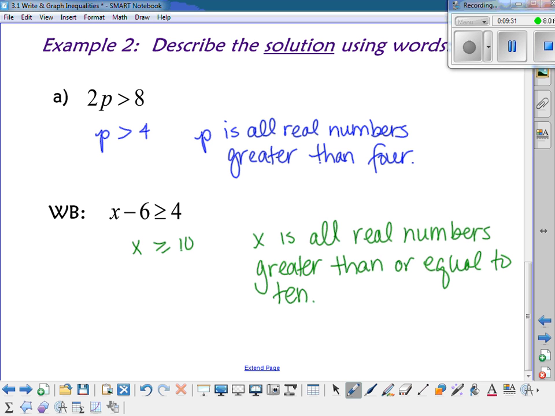Or you could also say x is at least 10, x is a minimum of 10, and so on. So you could also say it using the phrases that we had in the chart up above.